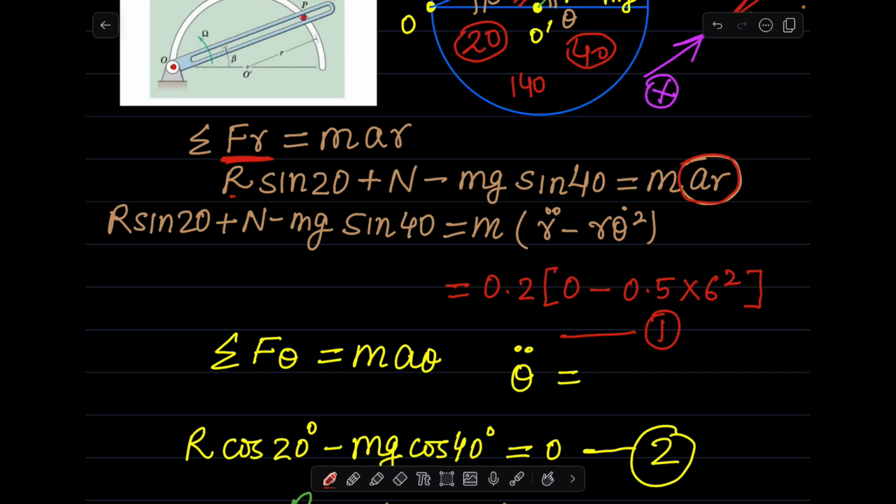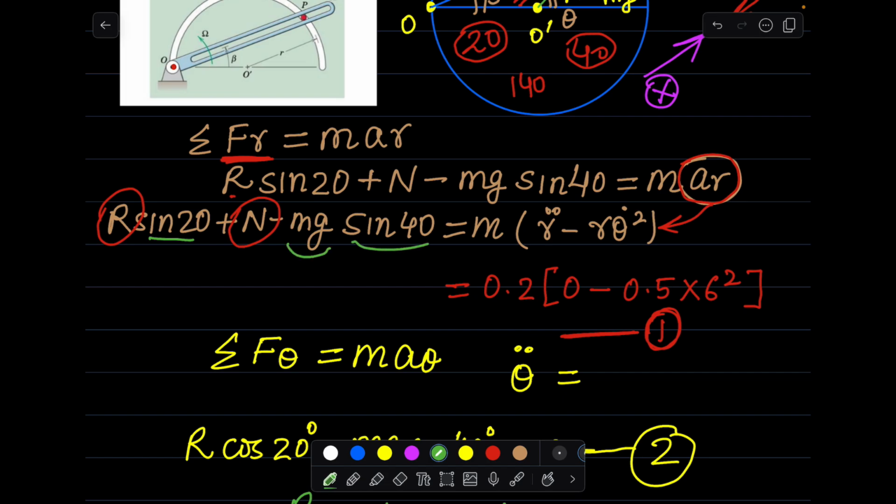So guys, we will expand this ar formula here, and we can say this is our equation number 1. We will try to put in the values, but mind that R is still unknown, and N is still unknown. Apart from that, we can calculate sine 20, m and g are known, sine 40, and on the other side we have already expanded the formula for the acceleration.